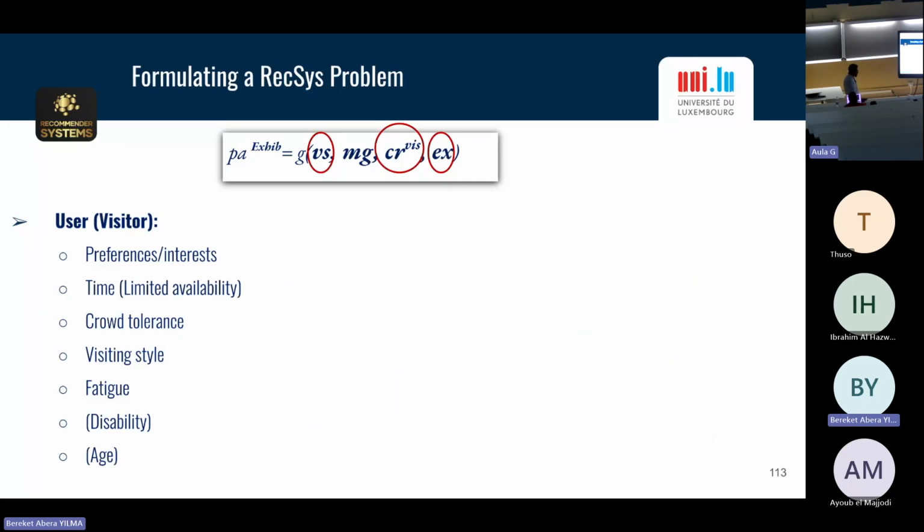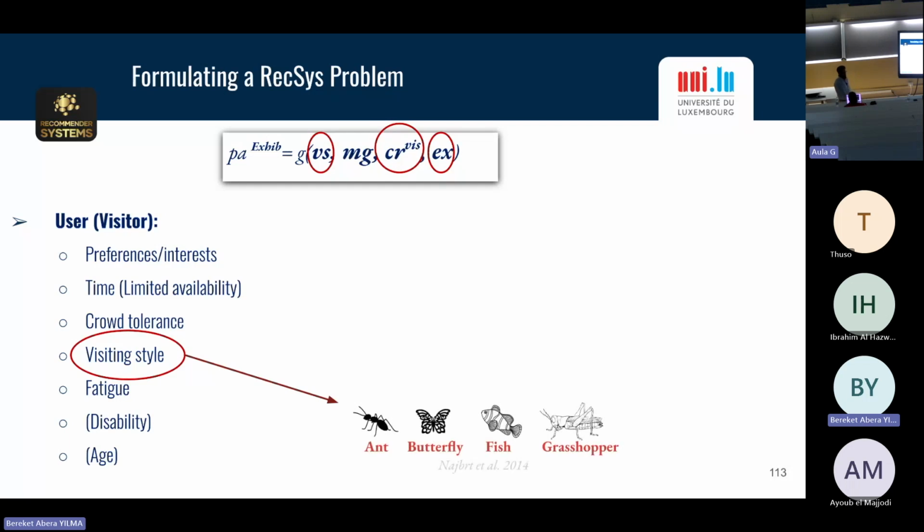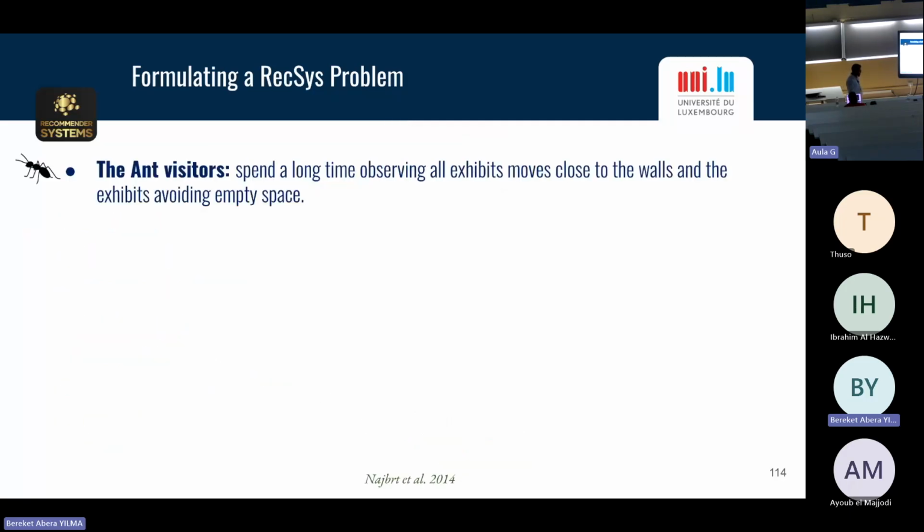And visitors also tend to have different visiting styles. There is this interesting animal metaphor for modeling museum visitors. I think you might find yourself in one of these categories. You could be either an ant, butterfly, fish, or grasshopper. The ant visitors spend a long time observing all exhibits.